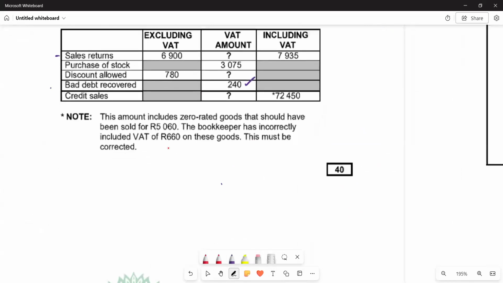We are saying 72,450, and the zero rated is 5,060. Then the other that we are going to get there, we subtract 5,060, and then we get to 67,390.